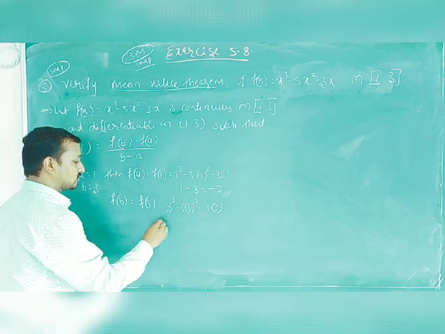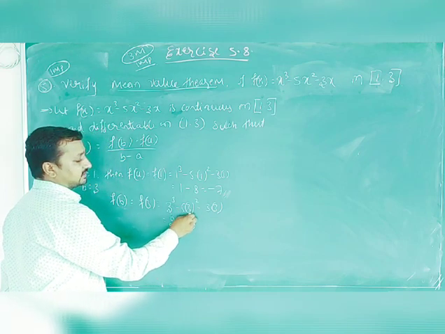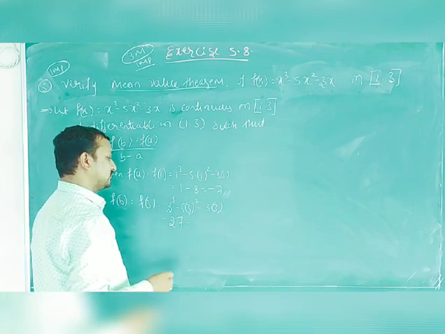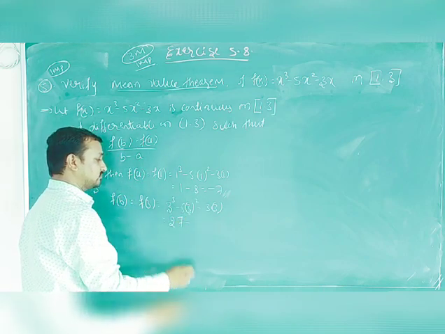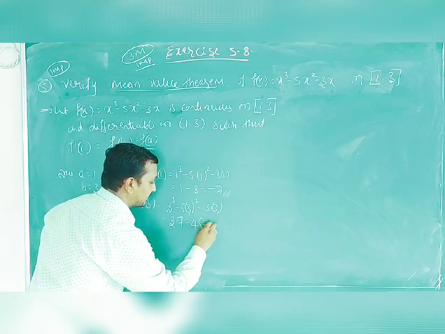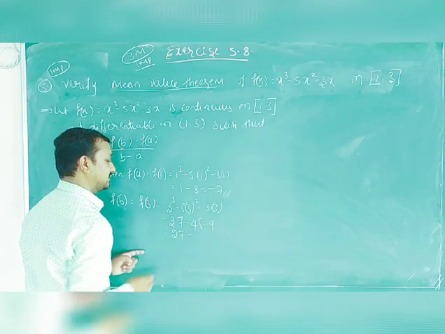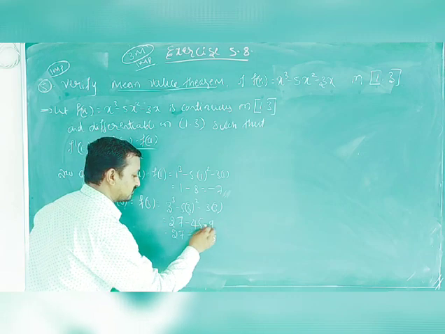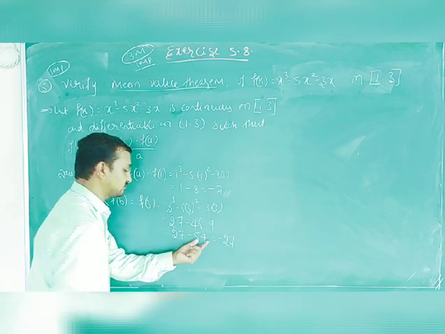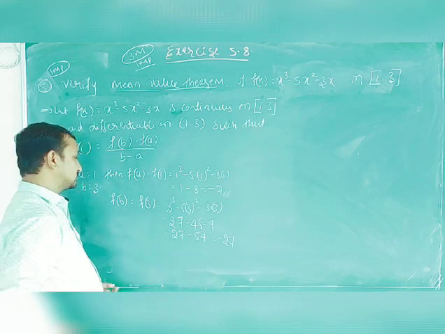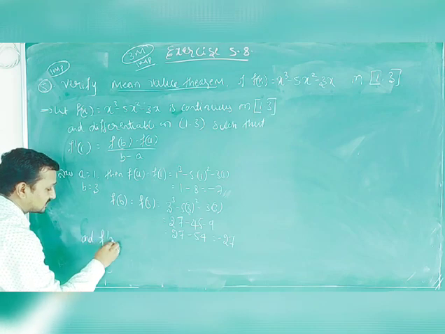That is 27 minus 5 into 9, which is 45, minus 9. So 27 minus 45 minus 9 is minus 54 plus 27, it is equal to minus 27. This is f of b.